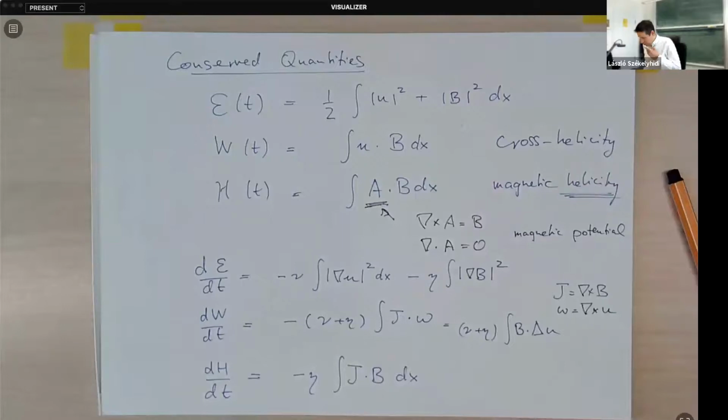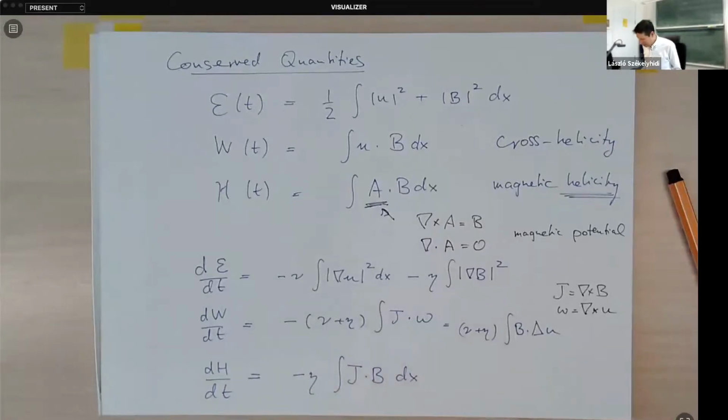Okay, so I guess it's pretty apparent from these formulas already that the total energy and the cross helicity play a similar role.